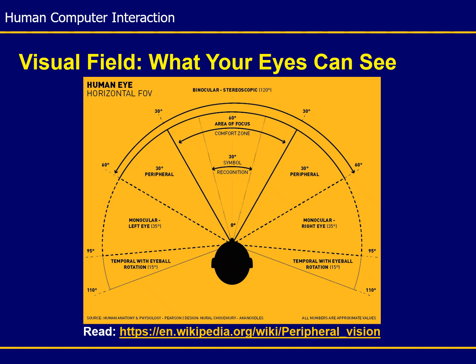So you have the monocular right eye range and the monocular left eye range, where you're seeing only with your right eye, and the other one you're seeing only with your left eye. Okay, and you also have a very small angle where you can see when you rotate your eyeball all the way towards the right or the left.